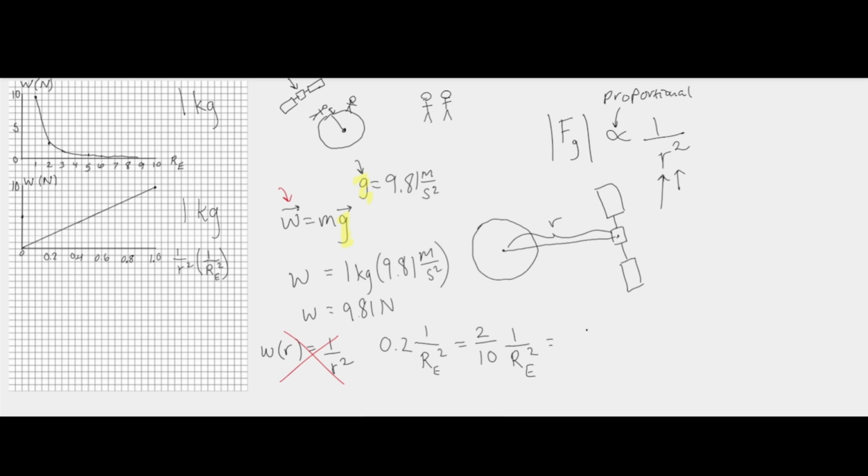And this can be rewritten 1/5, 1 over the radius of the Earth squared. So now we've increased the distance. When we're at 0.2 on this graph, we're actually talking about a greater distance between whatever these 2 objects are. Because you can see here now we have this factor of 5 in the denominator.